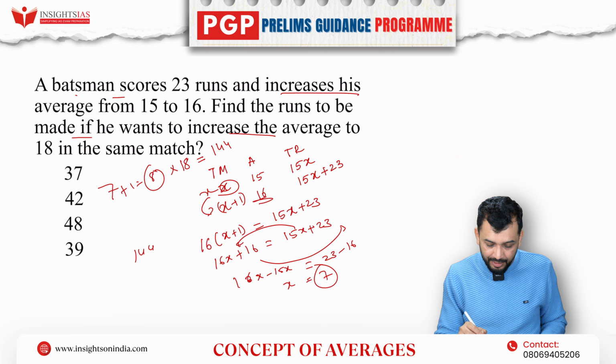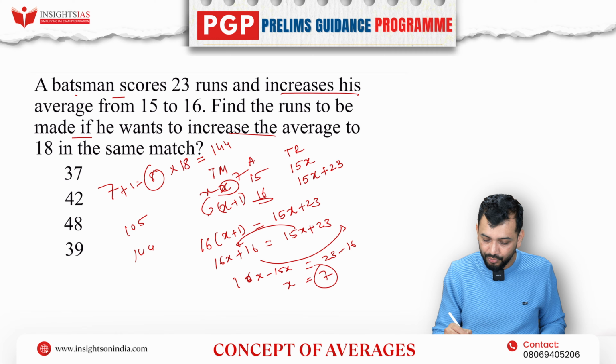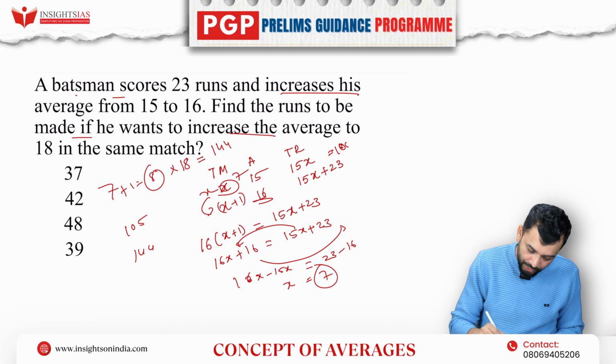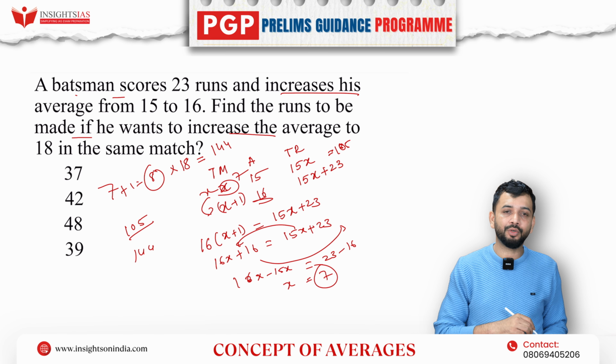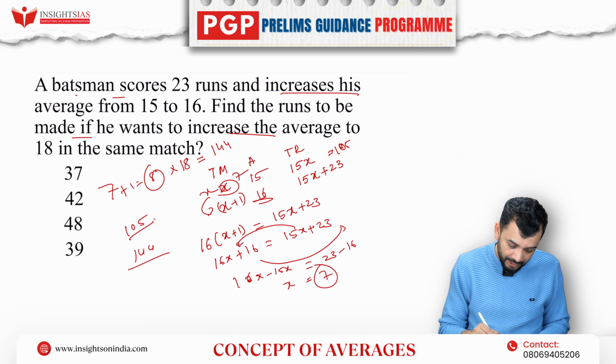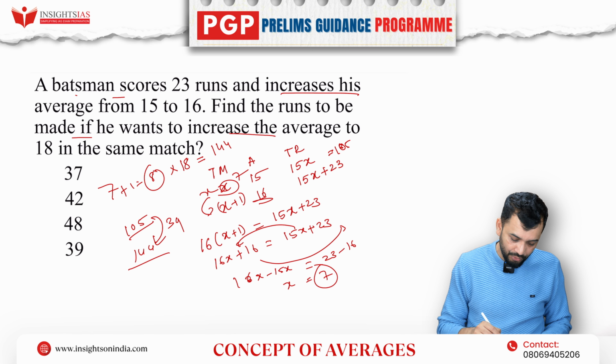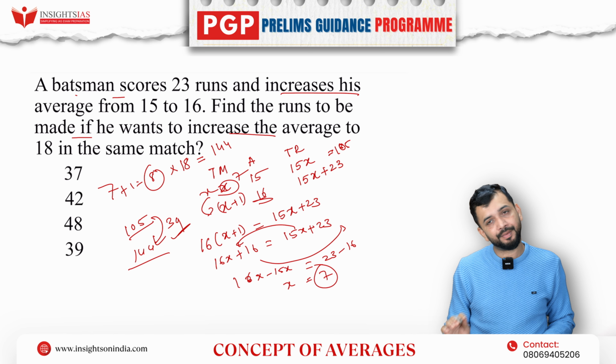Before this match, he had a 15 average over 7 matches, 15 into 7, total runs was 105. Now he wants to make it 144 so that the average can increase. So how much extra does he have to score? From 105 to 144, he has to score 39 runs. That is your answer, right?